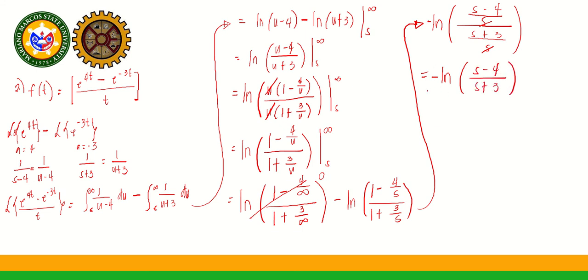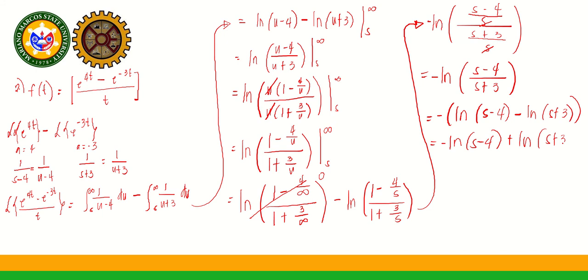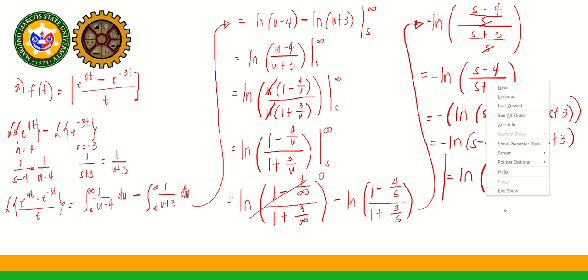Okay, since hindi natin kailangan ng negative dito, we can rewrite this as negative ln of s minus 4 plus ln of s plus 3. And from there, we can rewrite this again into ln of s plus 3 over s minus 4. So this is our final answer for example number 2.